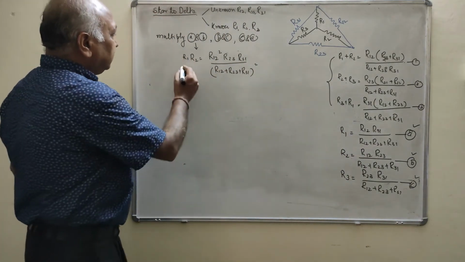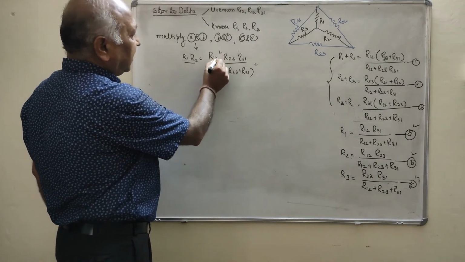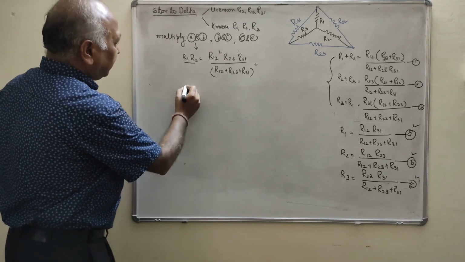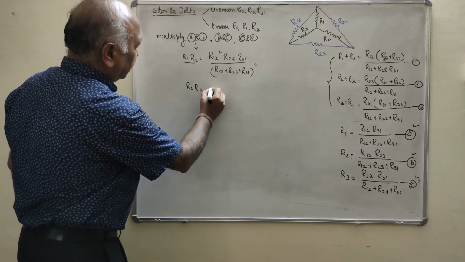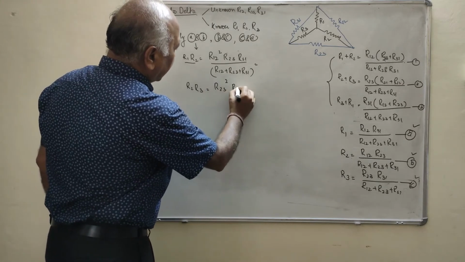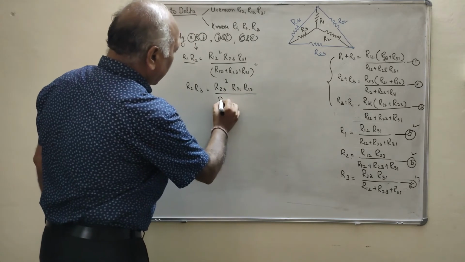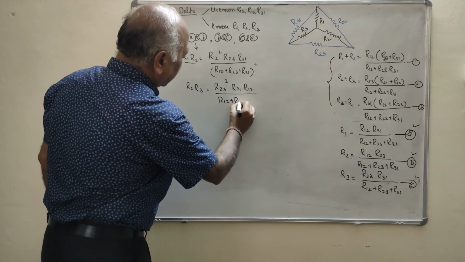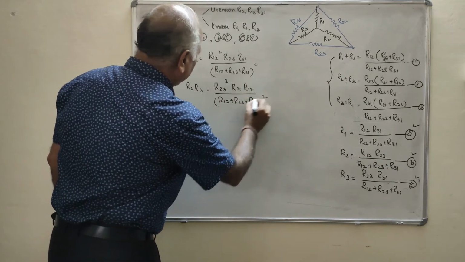Here you will see R1 into R2, here the square is R12. Then what will happen? R2, R3. Then it will be R23 square, R31 R12 upon R12 plus R23 plus R31 whole square.